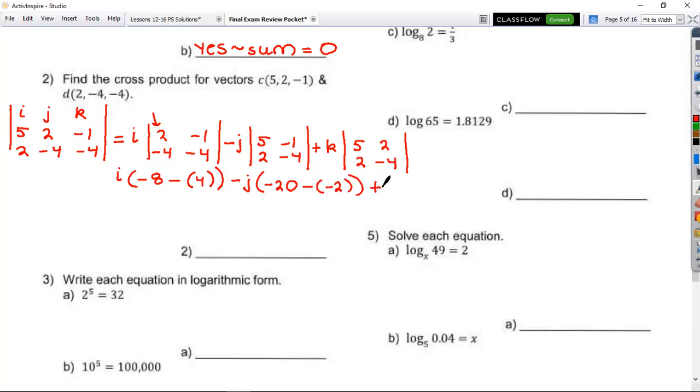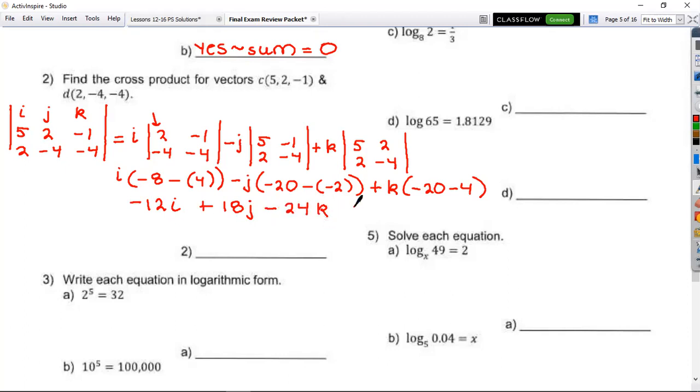And then next I'm going to go plus the k. And I'm going to go -20 minus the 4. All right, so almost done. So I have i times the -12 here. So this is a -12i to begin. And then I have positive 18j because double negatives in there. And then I have lastly minus 24k.